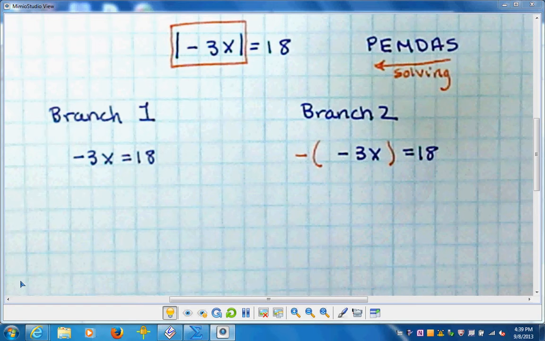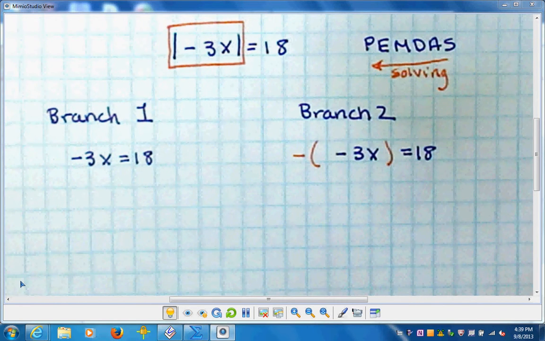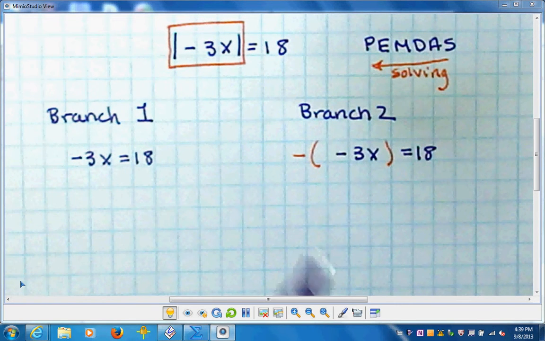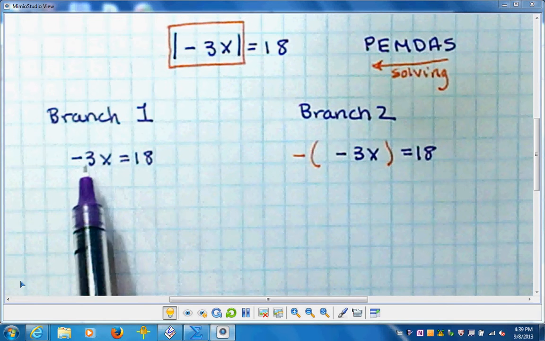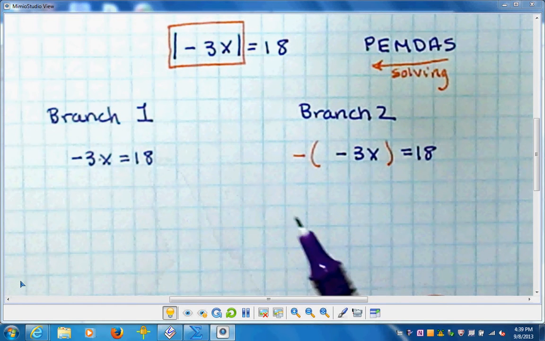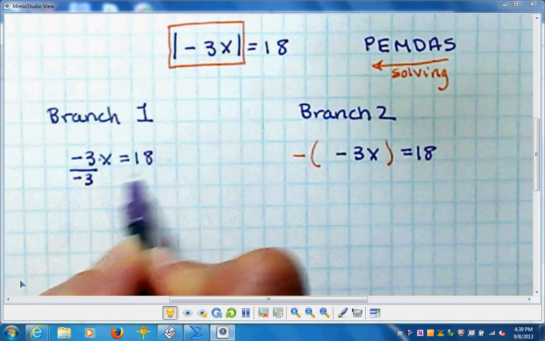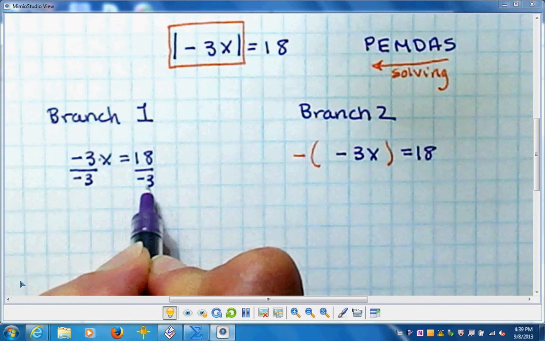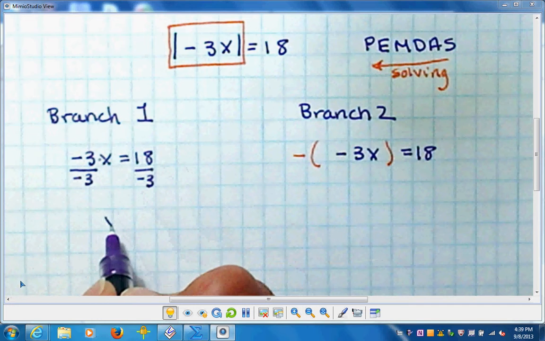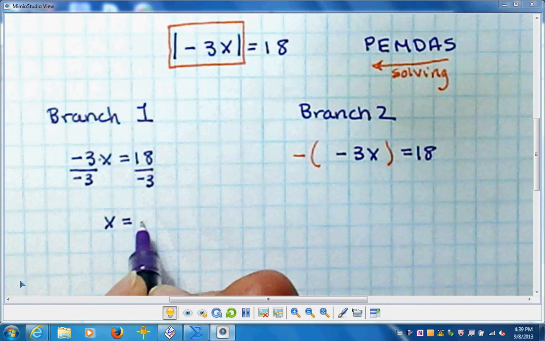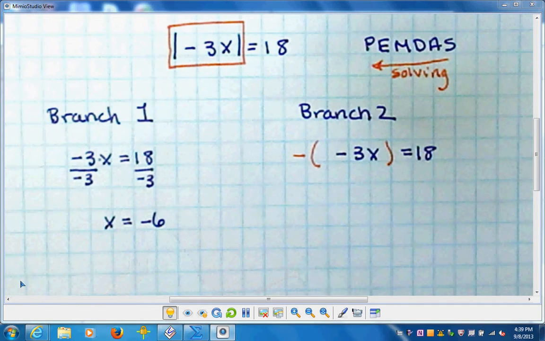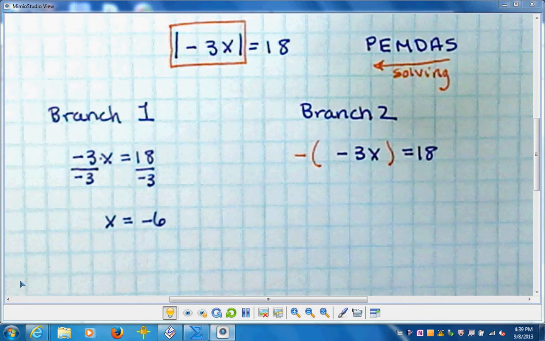Okay, so now I can go ahead and solve for x. Since negative 3 is being multiplied to x, I'm going to unmultiply it, which means I'm going to divide both sides by negative 3, which means x equals negative 6. That's one of my answers.